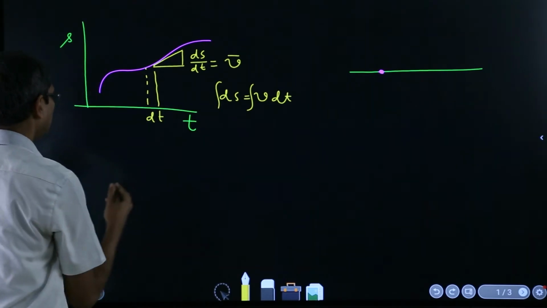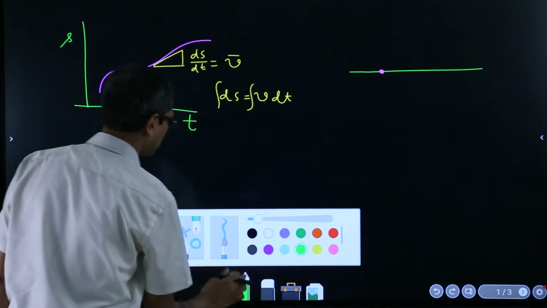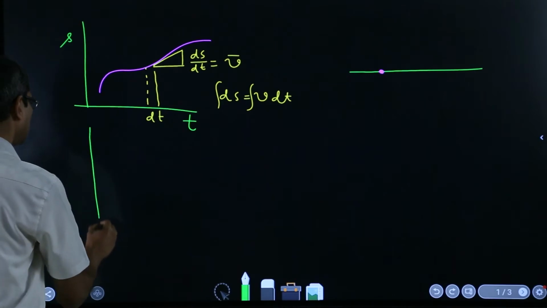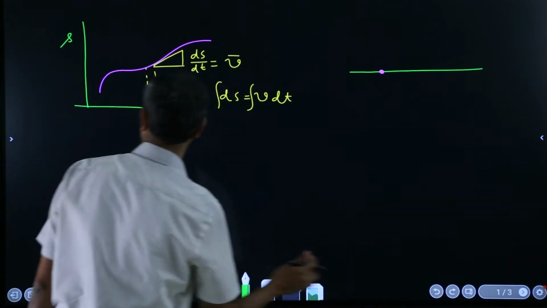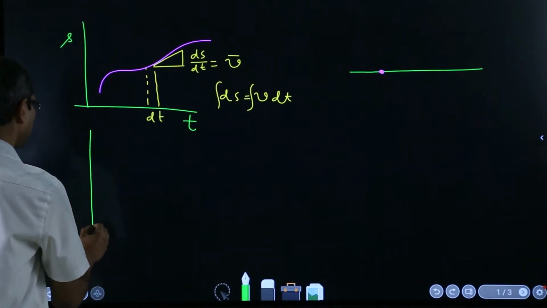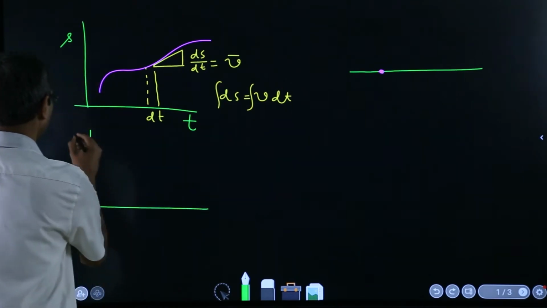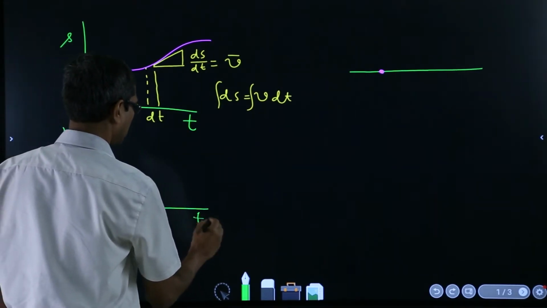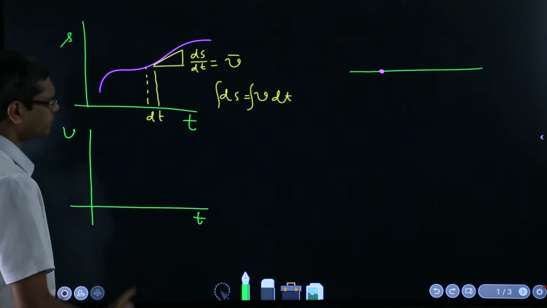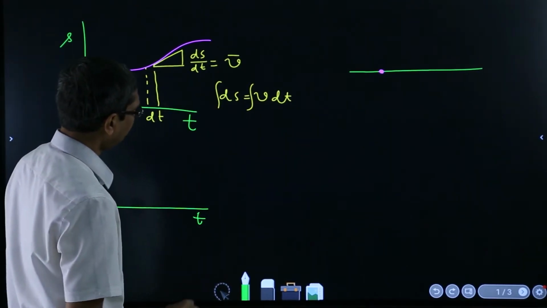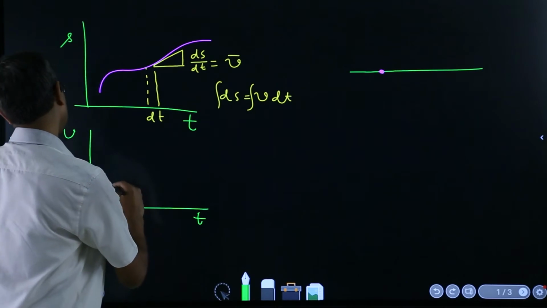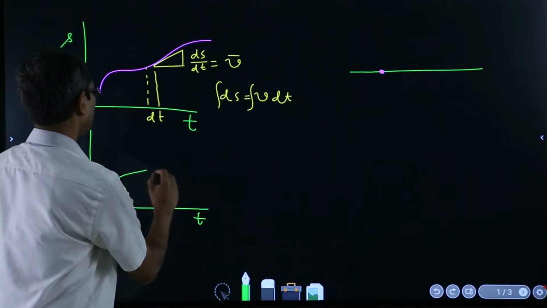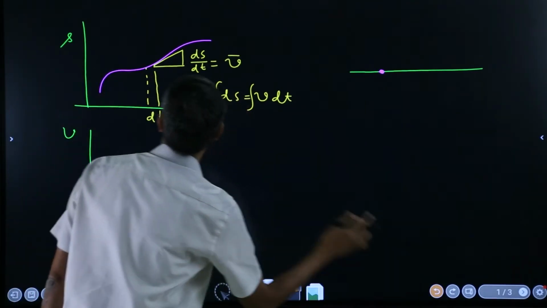That means if I have a curve between v and t, so you are plotting v versus time, I will draw with a different color maybe.